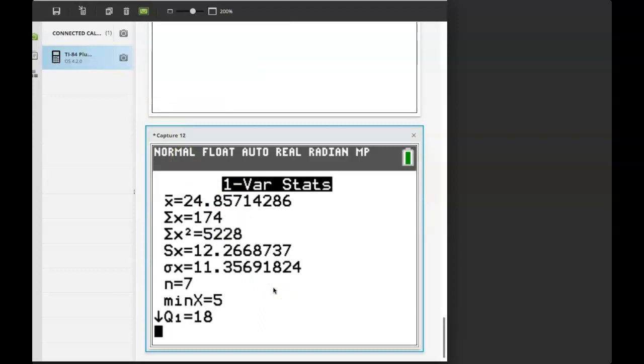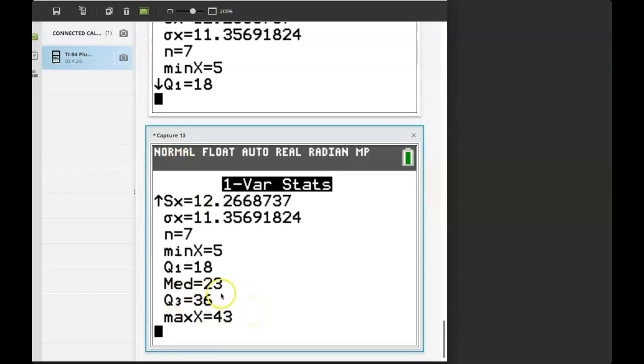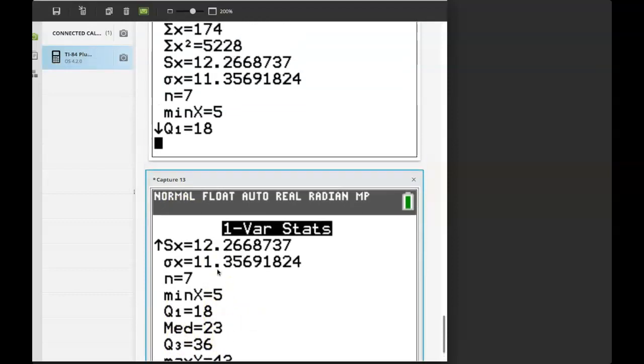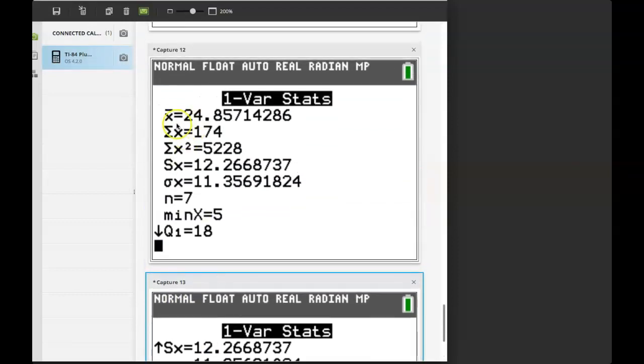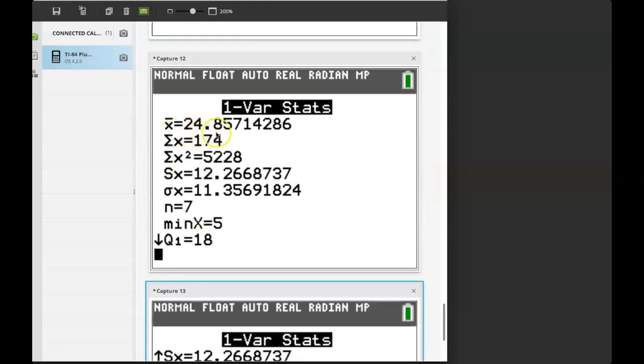This is what we got on TI-84. If you scroll down, you're going to see what median is. Median is 23. For now, I need this part. Our mean is 24.857. And as I said, this one is population, so when writing it, I'm not going to write x bar, instead I'm going to write mu.